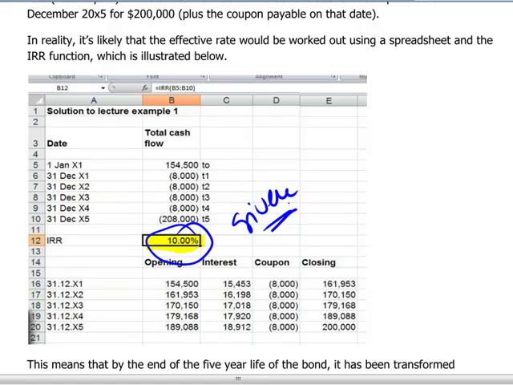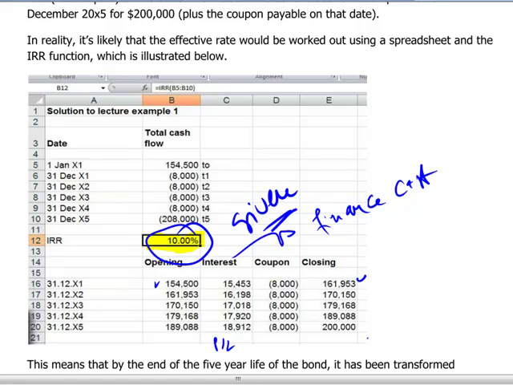Amortized cost is applying the same technique that we use, for instance, for leases. We start with an opening balance of a liability. We charge into the P&L our finance cost, which is charged on the outstanding balance, less the coupon paid. This is the interest payable each and every year.